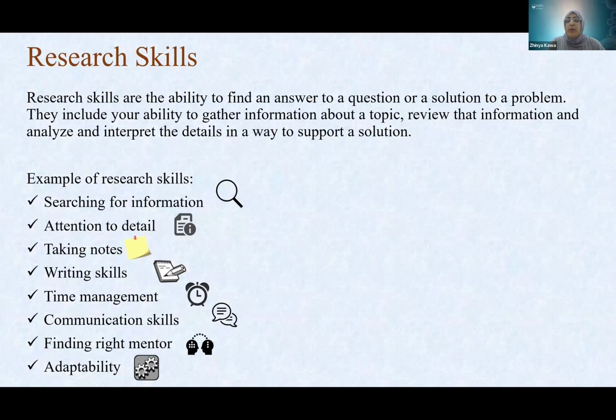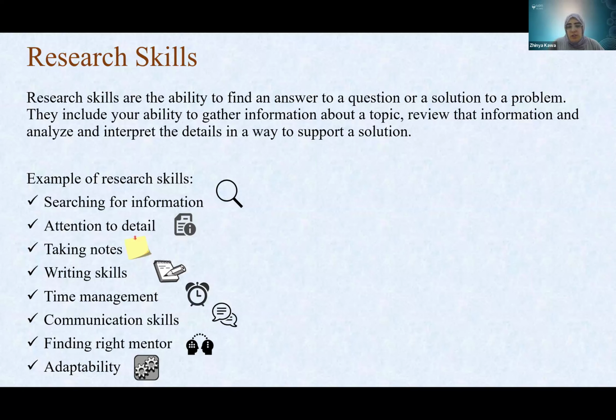So let's talk about research skills. We knew how to start this journey, like the beginning and some basic steps. But definitely for starting any work, some skills are needed to help you throughout the journey.